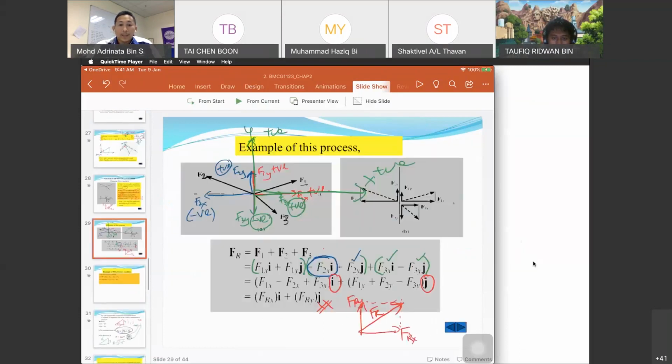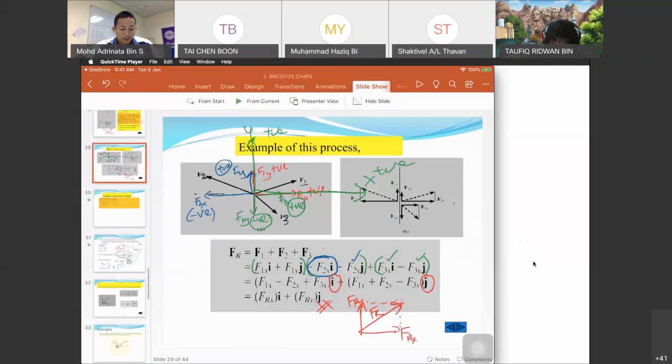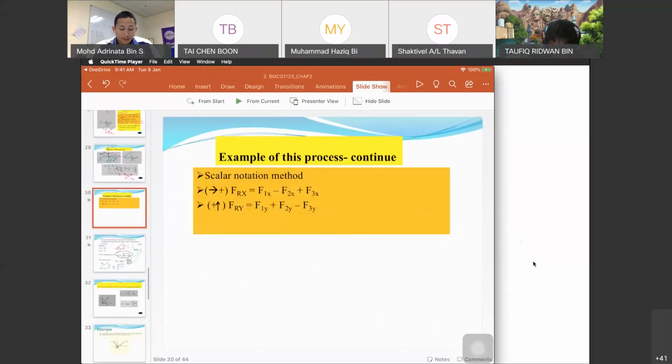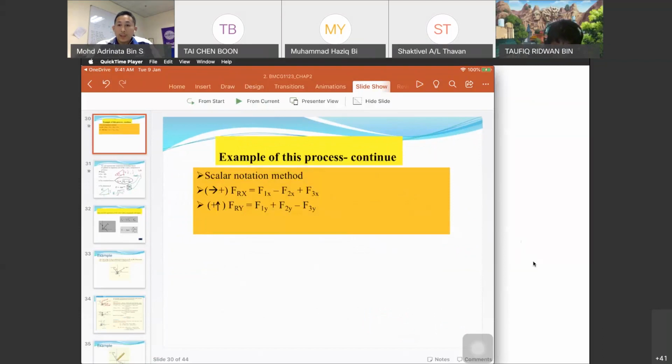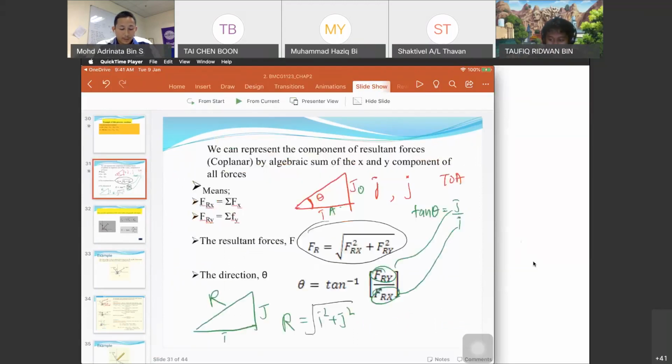Okay, this is breakup components of X and Y. And then this is the resultant force of X, resultant force of Y, and then we need to combine using our square triangle.